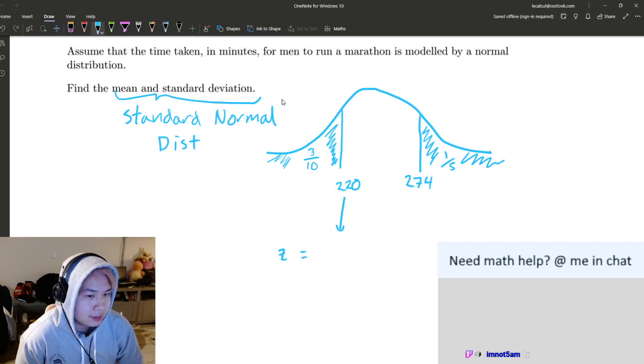So this z-score is 220 minus the mean, which we don't know yet, divided by the standard deviation. This one as well, following the same pattern. I guess I'll call this Z1, Z2.